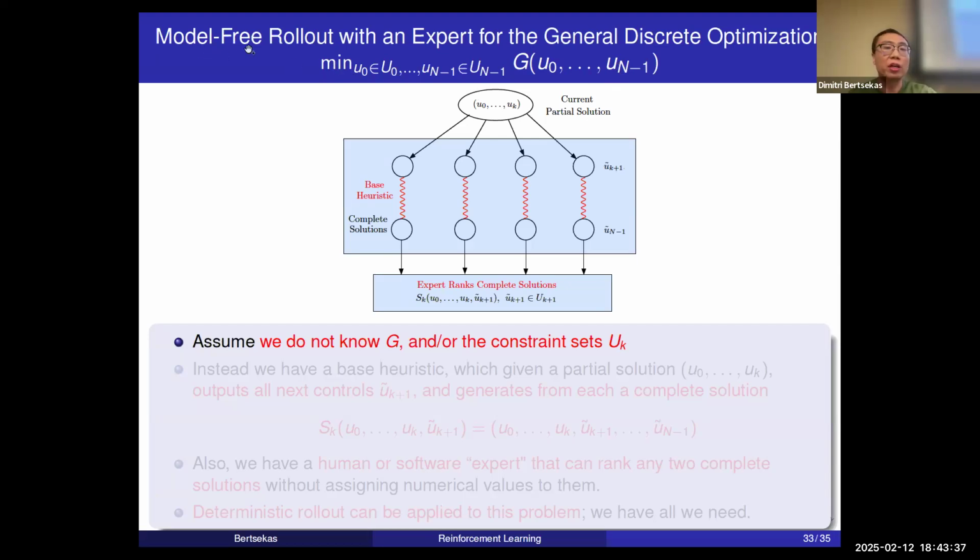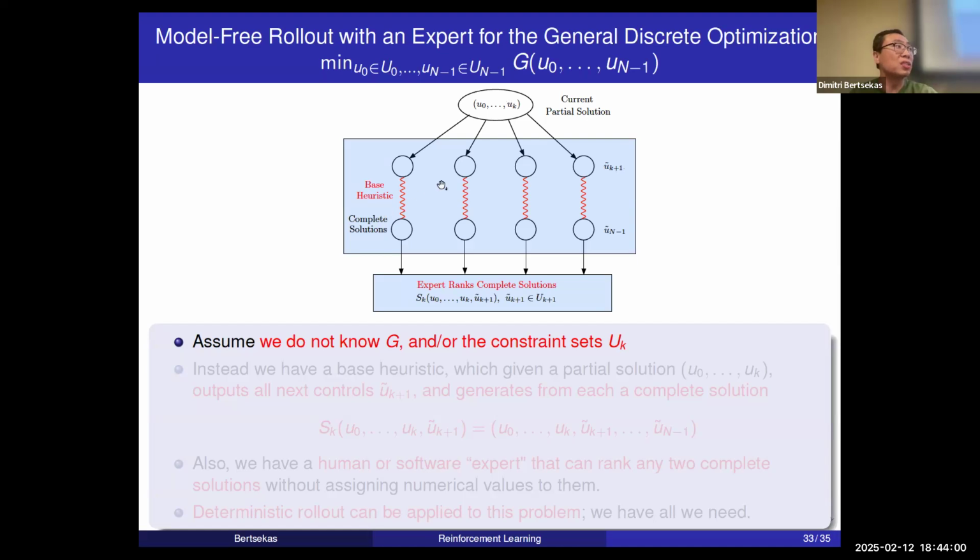And this model-free rollout with an expert assumes that we do not need to know this function g. And we don't even need to know those control constraint sets u0. We don't need to know explicitly the form of the base heuristic either.